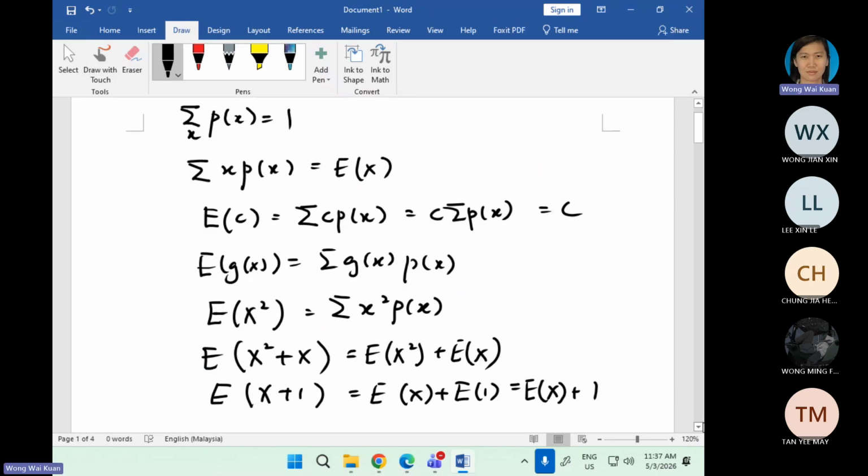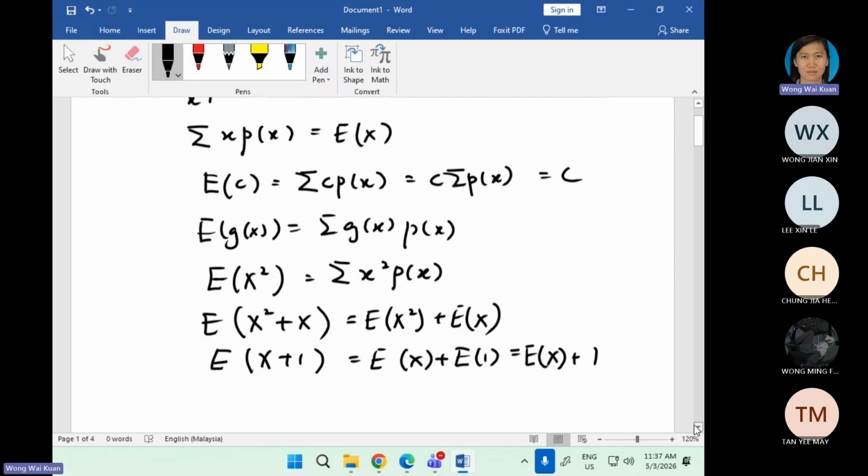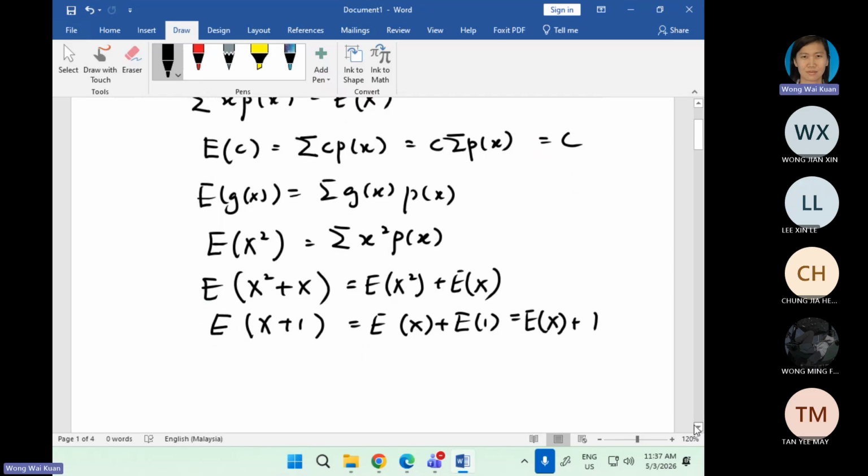Okay? So now, it becomes quite straightforward, you see. If I don't want to do this, my EX squared plus X, I can do it as the sum of X squared plus X multiplied with PX. Right? Like this one also, I can do the sum of X plus 1 multiplied with PX.